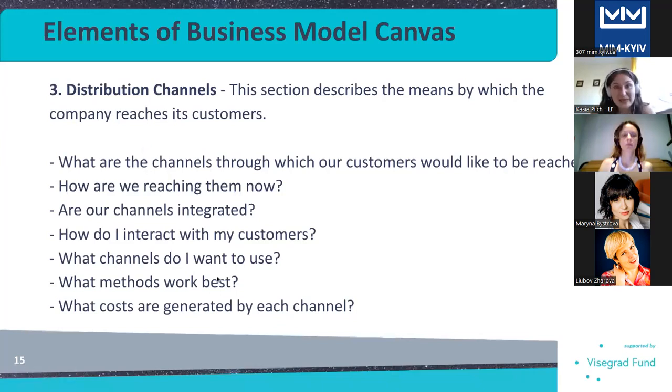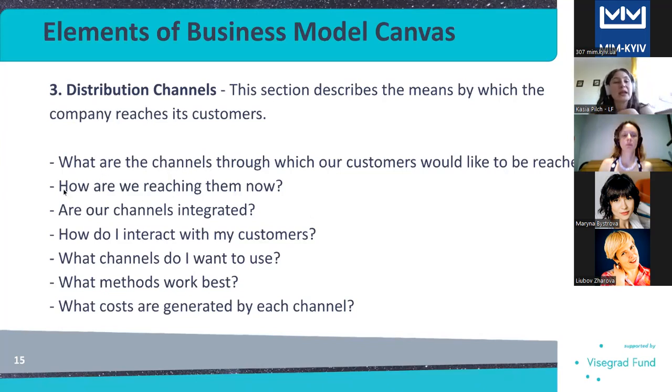And the questions you should ask yourself are: what are the channels through which my customers would like to be reached? What are they using, or what would they want to use while looking for products? Just put yourself in the shoes of your customer and think about that.